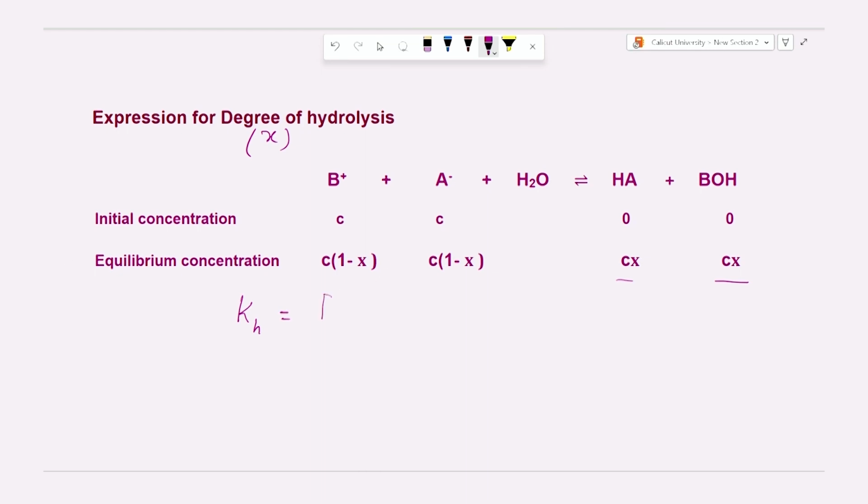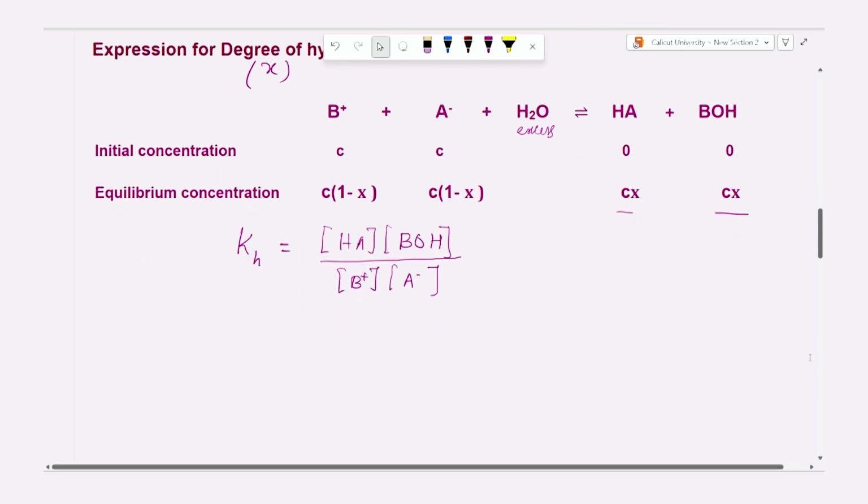Now, let us write the expression for hydrolysis constant using the above equation. That will be concentration of HA into concentration of BOH, again considering water to be present in excess. In the denominator, you will have only concentration of B plus into concentration of A minus.